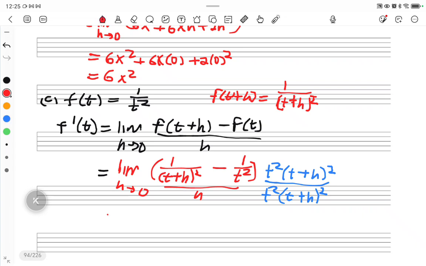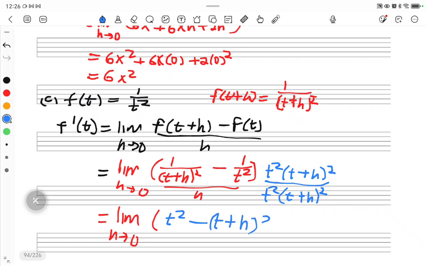And then from here, this will be the limit as h approaches 0. And then this one will cancel out this one if they multiply. You see, right? Then we'll be left with t squared on that side. Minus, this would cancel this if they multiplied, and we'll be left with t plus h.